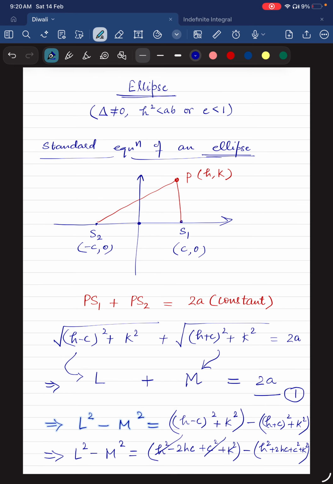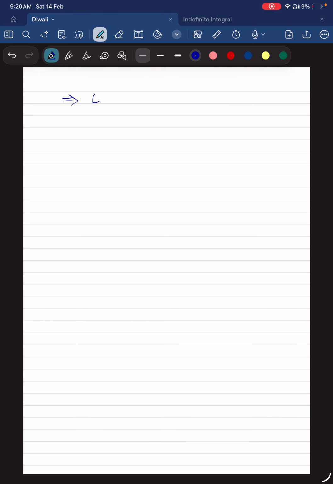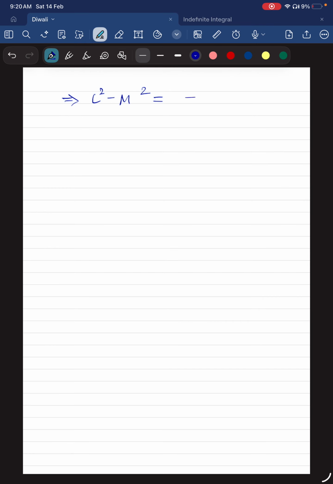I think h square, c square, k square would get cancelled out. And finally, L square minus M square will be equal to, here I'm having minus 2hc and this is also minus 2hc. So L square minus M square is equal to minus 4hc. And I'm making this as equation 2.